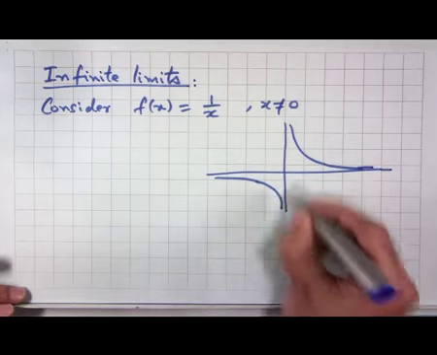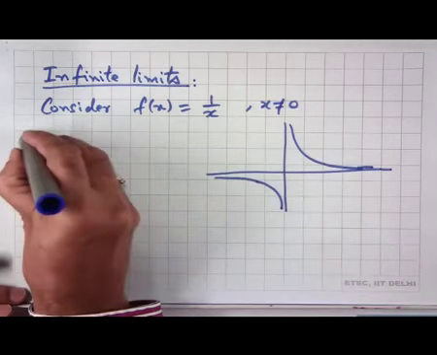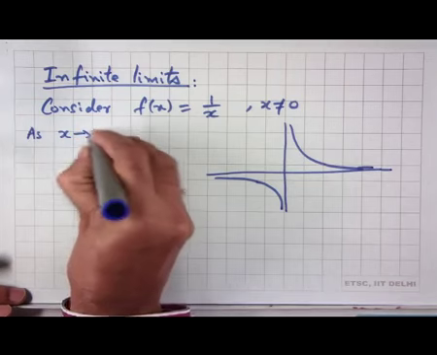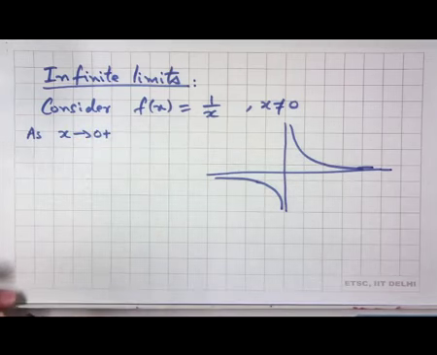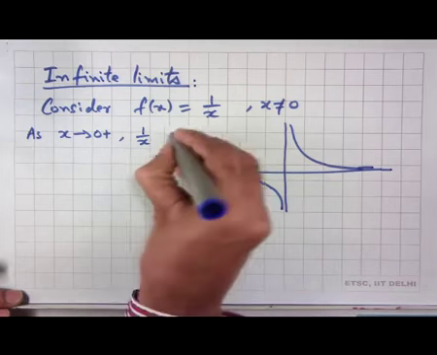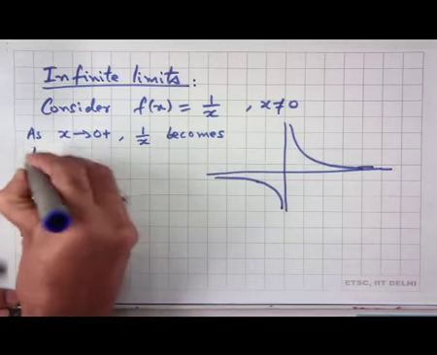So what happens is that as x tends to 0 plus, this means from the right, 1 by x becomes larger and larger.